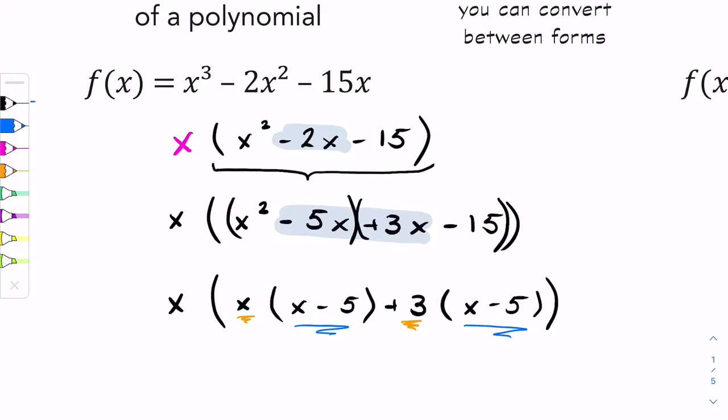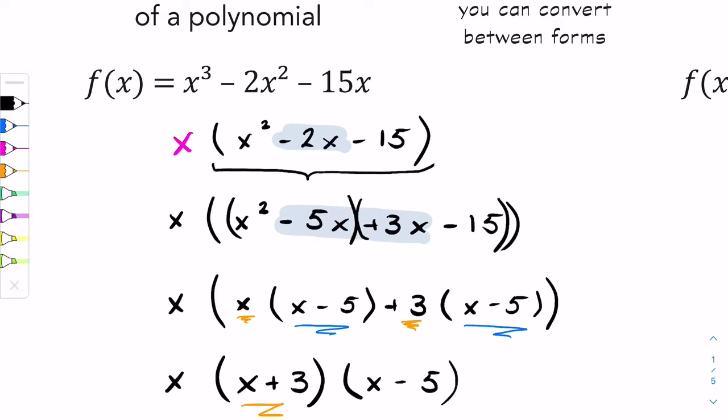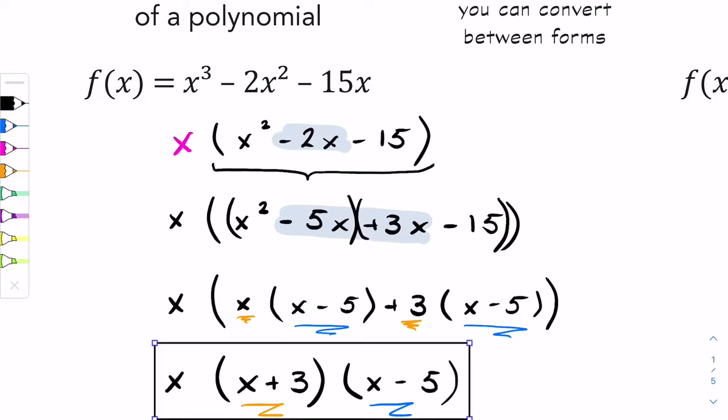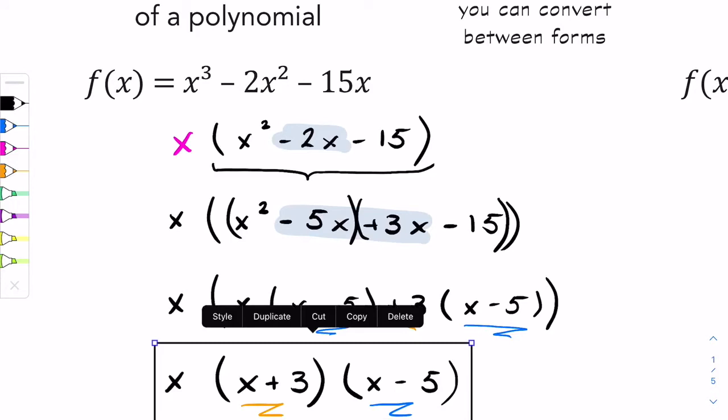So I can write this in our final factored form as x multiplied by x plus 3, which is our two GCFs, multiplied by x minus 5, which is our common factor. And this here is the factored form of the original expression.